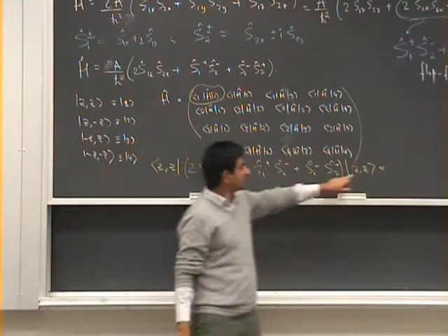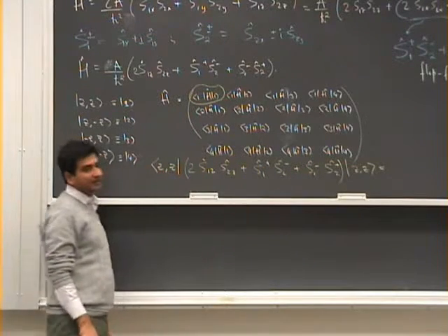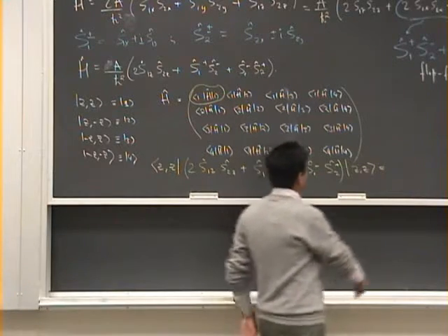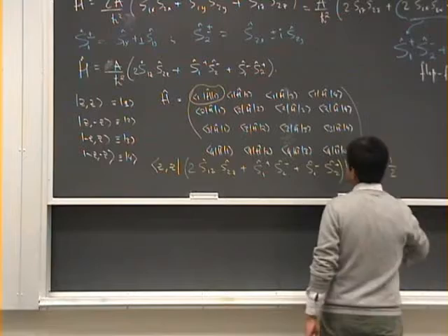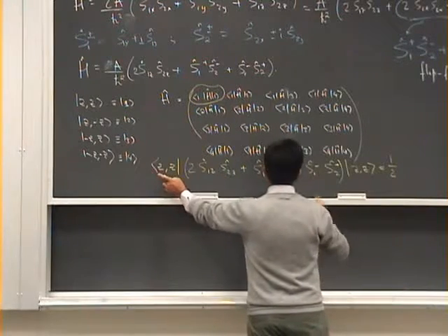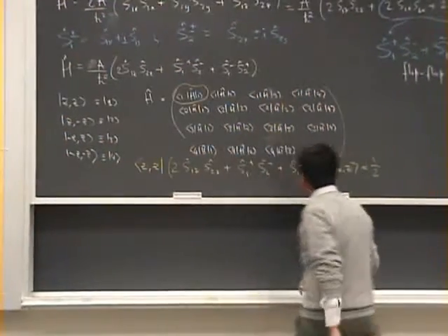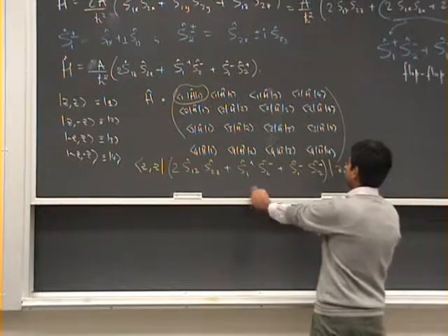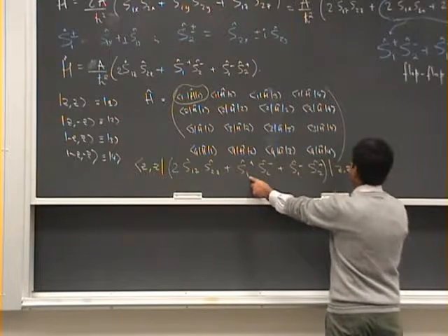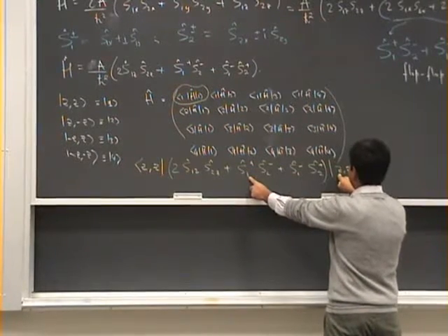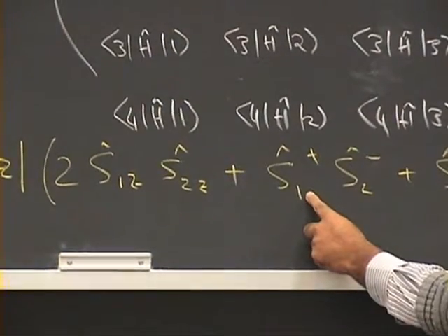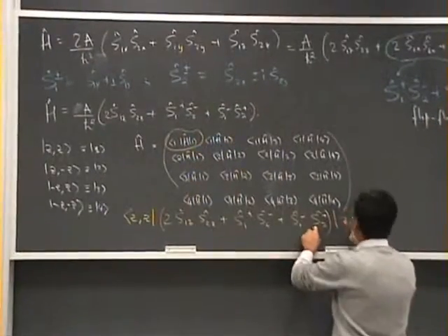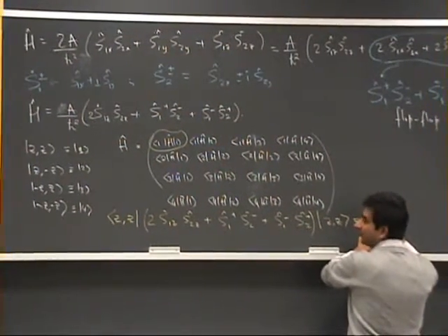When S2z acts on ket z, I again get h bar by 2 ket z. So I get a factor of half from this term, and the inner product is then 1. Now when the raising and lowering terms act on ket z z, I get 0. So overall I have half here.